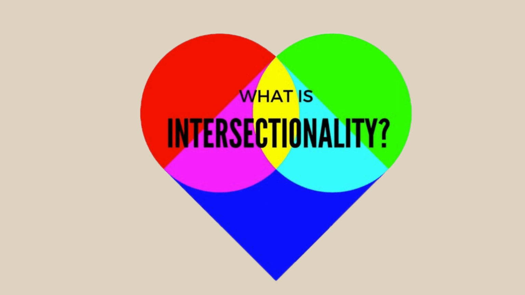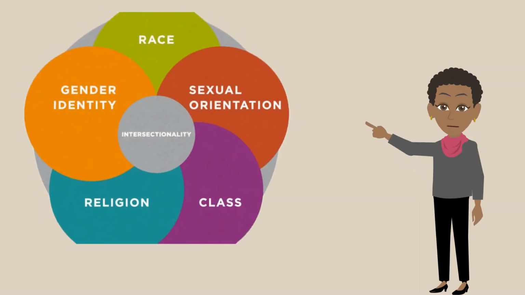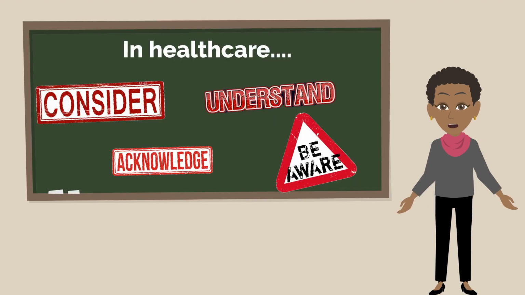What then is intersectionality? Intersectionality is the overlap of those social identities such as race, gender, sexuality, class, that contribute to the systemic oppression and discrimination experienced by an individual. In healthcare, it's important for us to recognize and be aware of intersectionality as it reflects the experiences of most of our marginalized children and families.